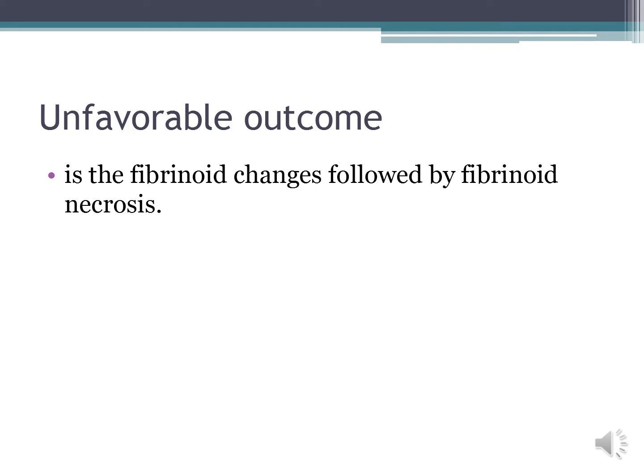But also, it can go further, and fibrinoid changes could be the next stage after mucoid swelling, and then it may result in fibrinoid necrosis, so the cell injury and cell death.